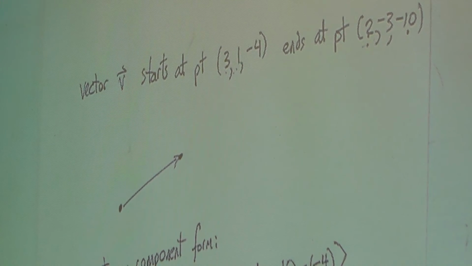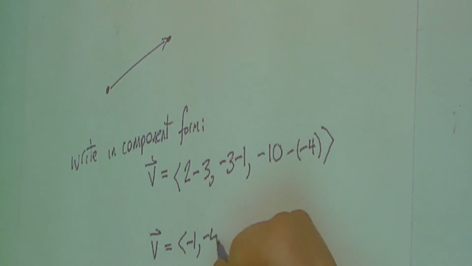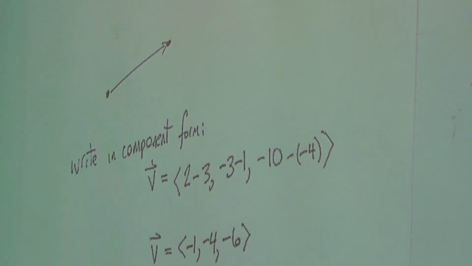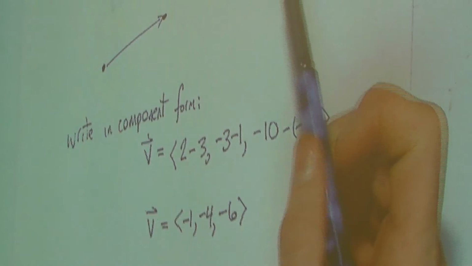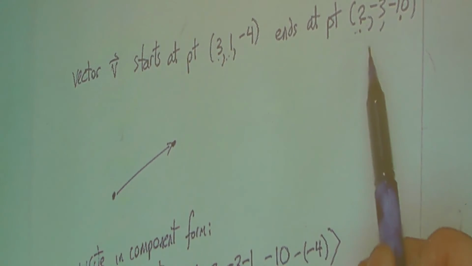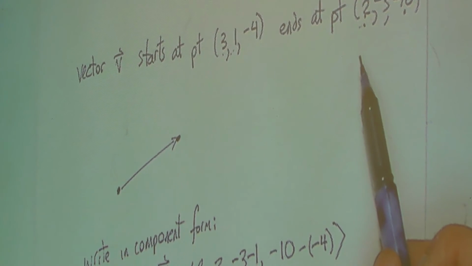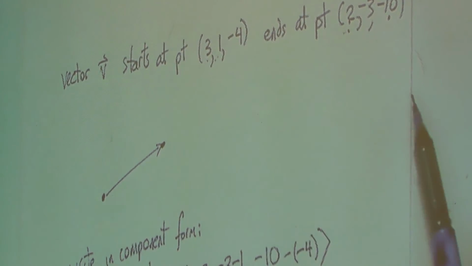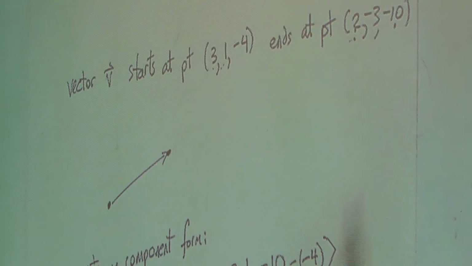So v here would be negative 1, negative 4, negative 6. And this is in keeping with the notion that the vector is recording displacement. Okay, any questions here? Okay.